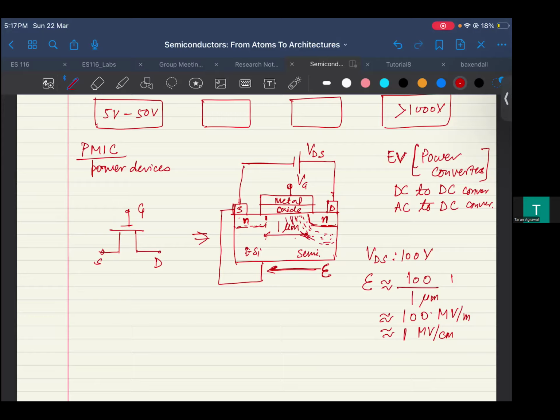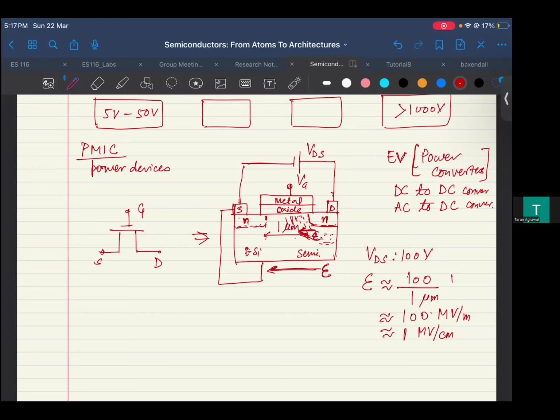And what is going to happen due to that? There is a very large field which is going to exist in this depletion region. And what happens when this field is increasing? Then you have to see what is happening to the electron.